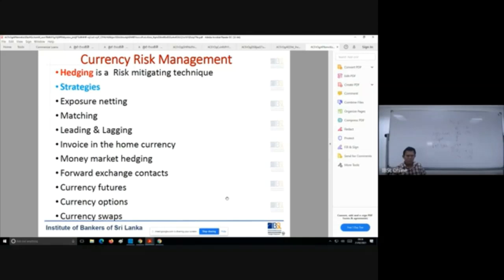Why? If you had done it 3 months ago, you would have done it at the 195 level. Now you have to pay 198 to get $1. I would have done it 3 months ago, $1 at 195.